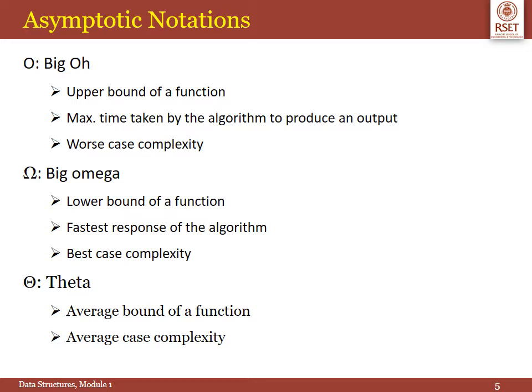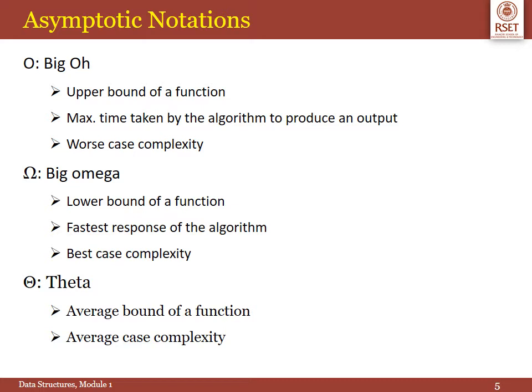Now, as I said, any function can be represented as an upper, lower, or average bound. But since theta represents the average case, it is more useful because it gives a more accurate picture of your function. That is why theta is considered to be most important. Then why do you need big O or big omega?